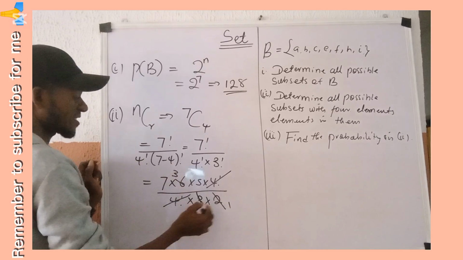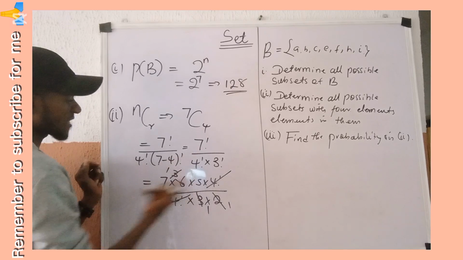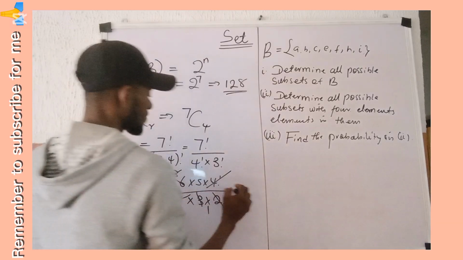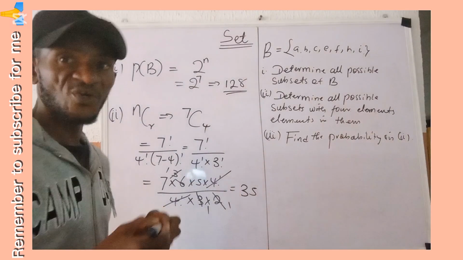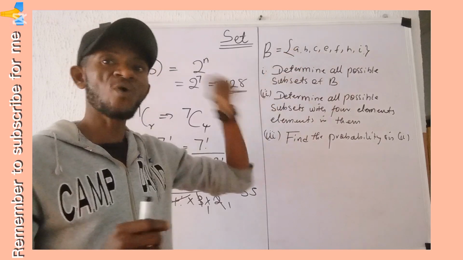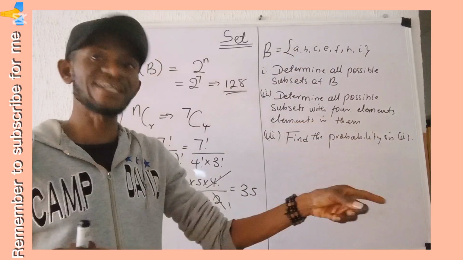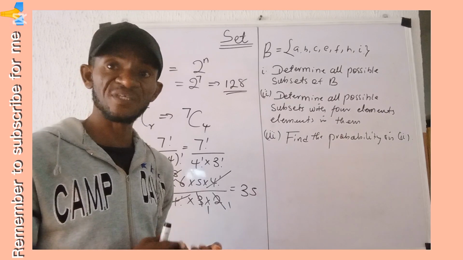I still have 3 here, 3 here is 1, and 3 here is 1. What I have left is 7 and 5. 7 times 5 will give me 35. So the number of subsets of this set B that will have only 4 elements inside them is 35 in number. That's what this thing means.